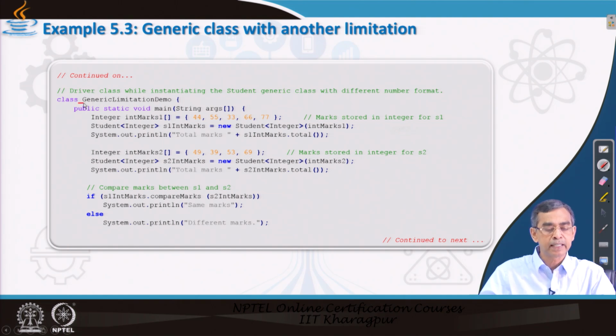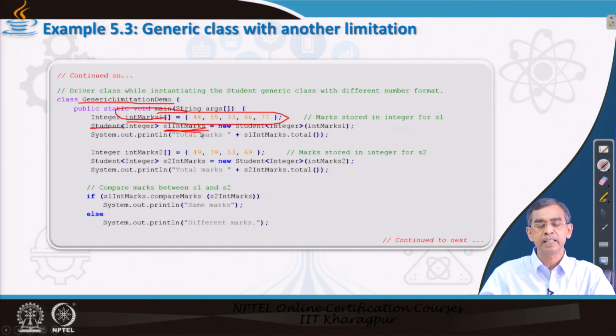So, this is basically the main program, the main method, and here you see we declare one collection of type integers. It is an array of integers, and we store it in int marks, this one. We also declare another object. This is an array of integer objects, and this is the collection. Here, using the student generic class, we create the object.